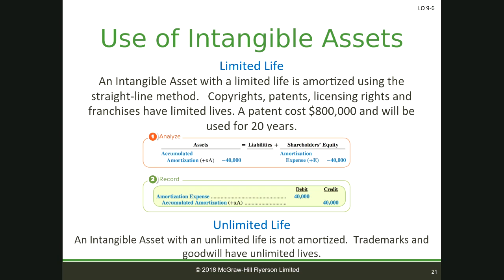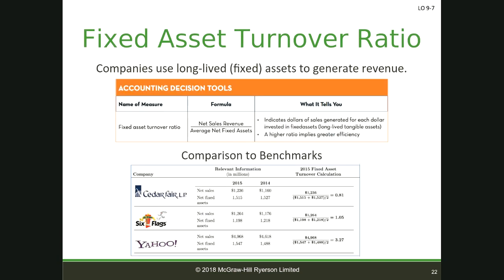So impairment has unfortunately generated a lot of extra work for management, because you have to look at this at the end of each fiscal year and say, do we actually have an impairment on our assets or not? Okay, so that finishes the discussion of capital assets, both the tangible assets and the intangible. You see the intangible asset discussion is a lot shorter, a lot easier, compared to the tangible asset amortization.